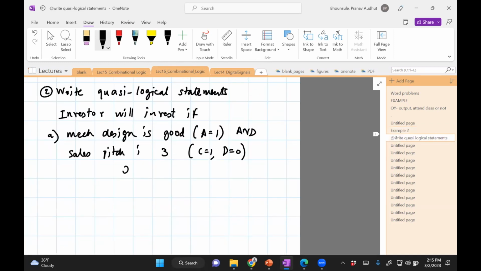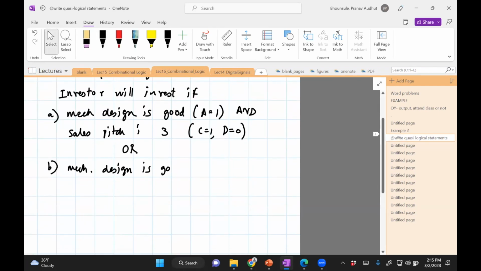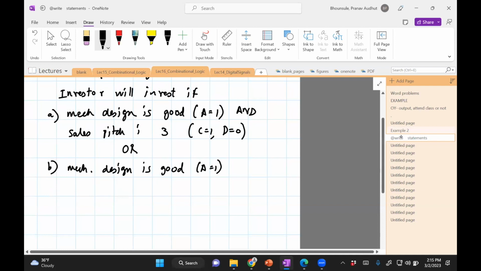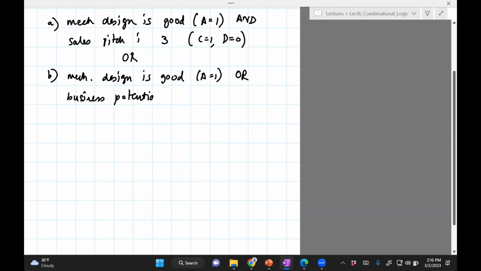So mechanical design is good, or business potential is good, and sales pitch is either 2 or 3.